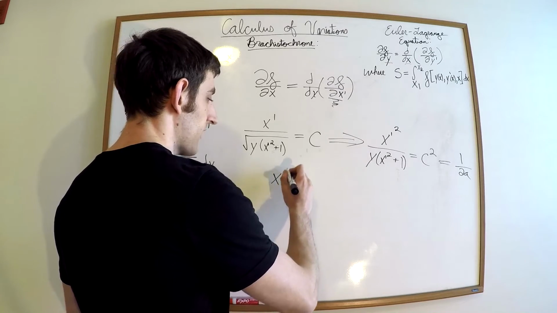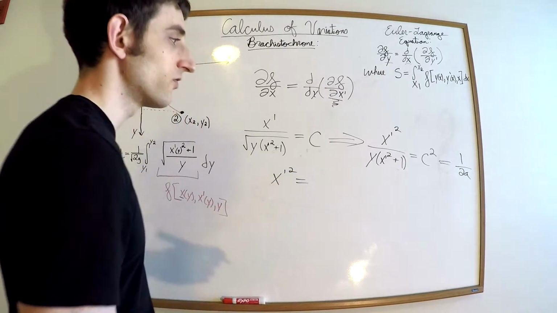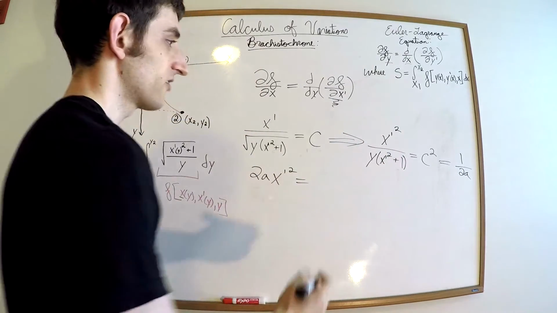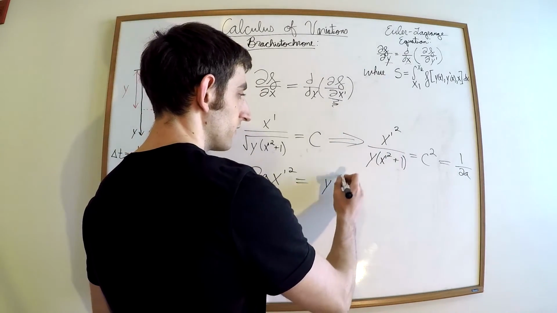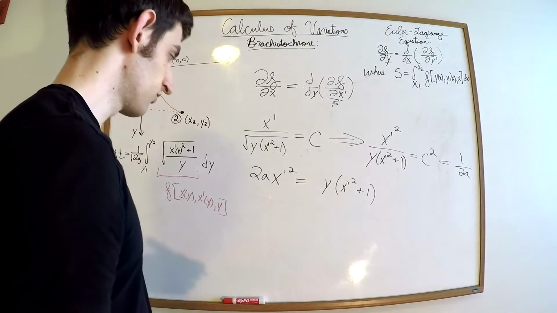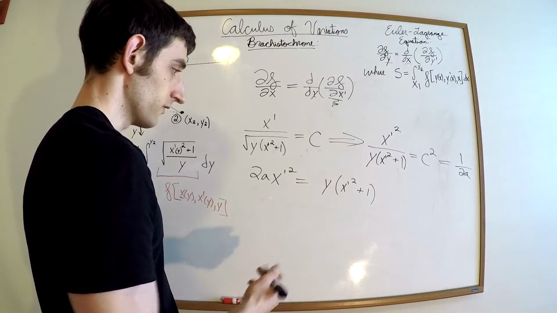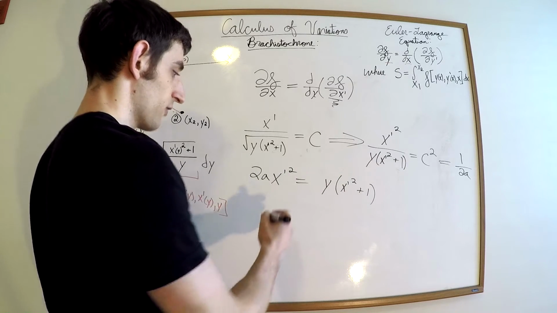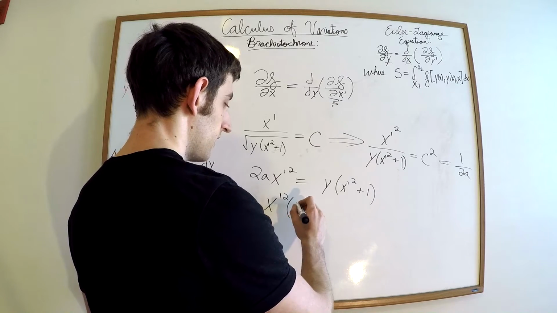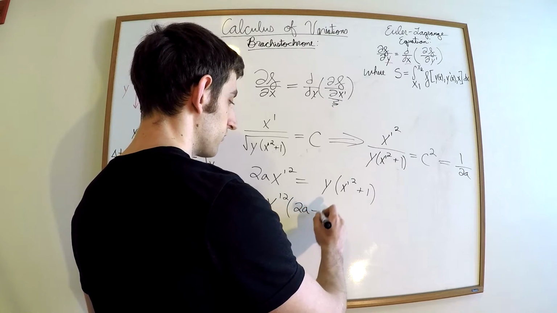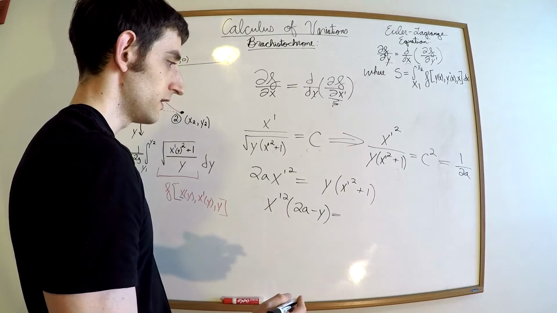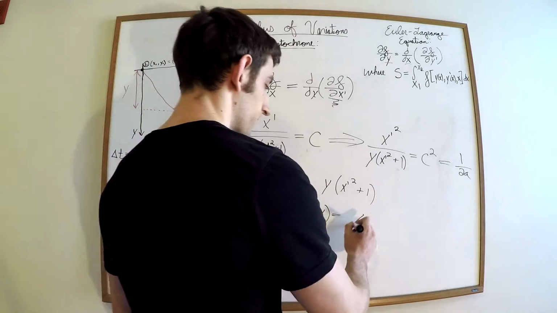All right, so now we want to isolate x prime. So we end up with x prime squared is equal to, or rather I'm going to multiply this 2a over here, and that's going to be equal to y times x prime squared plus 1. So what we want to do is take the x prime squared over there, so we get x prime squared times 2a minus y is equal to y.